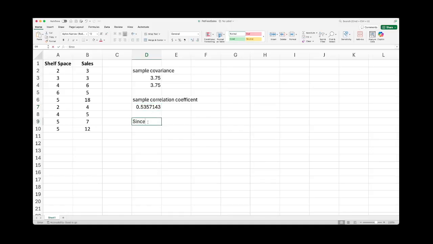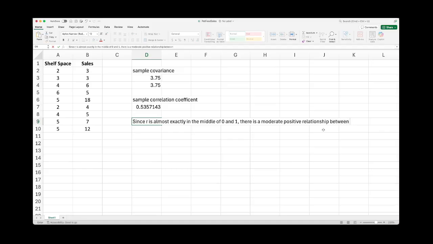Since R, our sample correlation coefficient, is almost exactly in the middle of 0 and 1, I wouldn't say there's a particularly strong relationship between these variables. I would say there is maybe a moderate positive relationship between shelf space and sales.